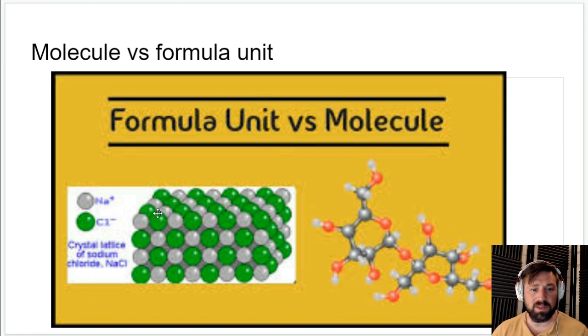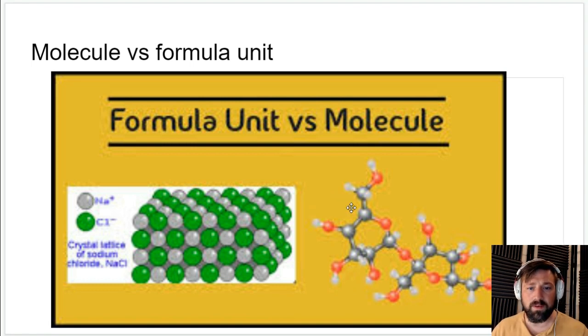When this happens, usually it's not just two atoms, but many atoms all coming together, and they typically form some sort of pattern called a crystal lattice. In the case of sodium chloride here, you can see it's a 1 to 1 pattern, and this is a three-dimensional structure. This is one reason why sodium chloride is cube shaped or rectangular shaped.